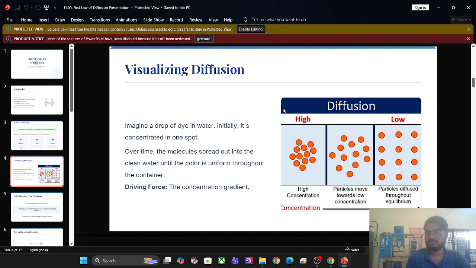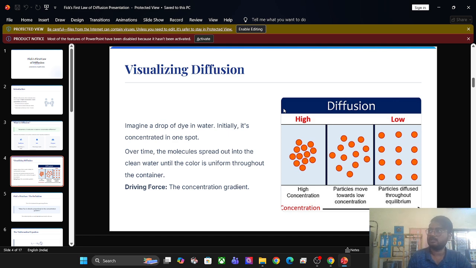Visualizing diffusion. In this picture we can see the diffusion takes place from higher concentration; the particles move towards lower concentration. It takes some time for the diffusion. For some particles, it might take half an hour or so. It depends upon the concentration and the diffusivity of the medium.